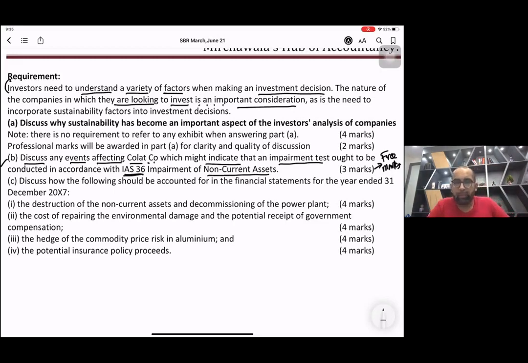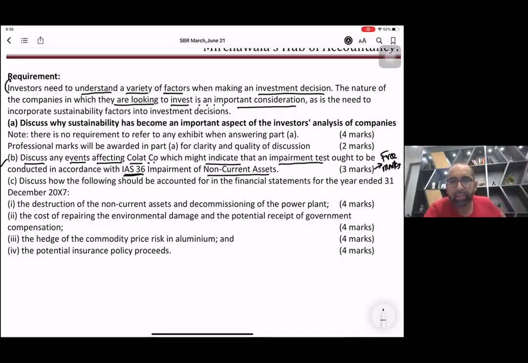Be an investor, be a CFA guy for just 5 minutes, or an institutional investor. Institutional investors are like mutual funds, pension funds, those who invest the public money in stock markets, in real companies. So investor needs to understand a variety of factors when making an investment decision. The nature of the companies in which they are looking, please concentrate.